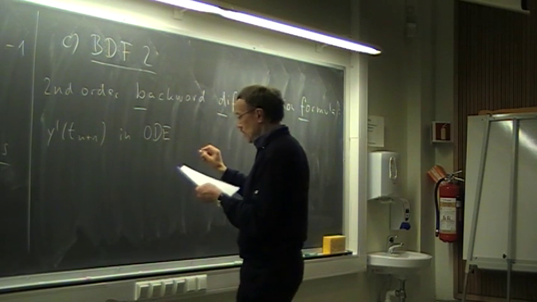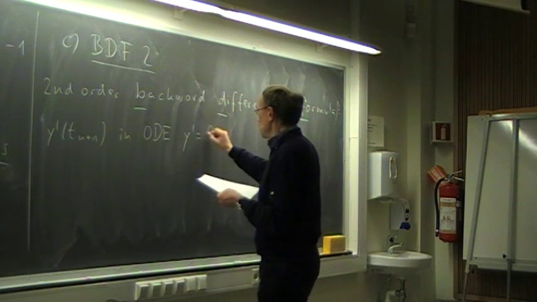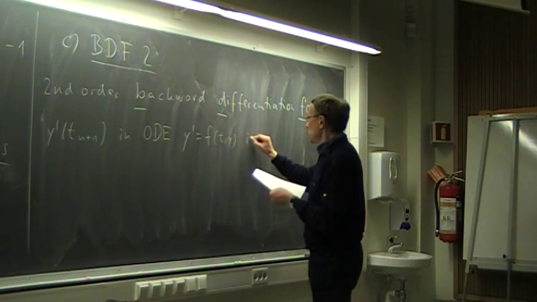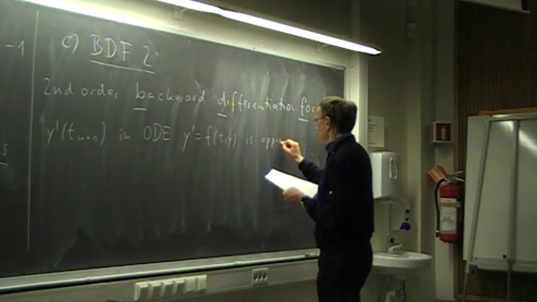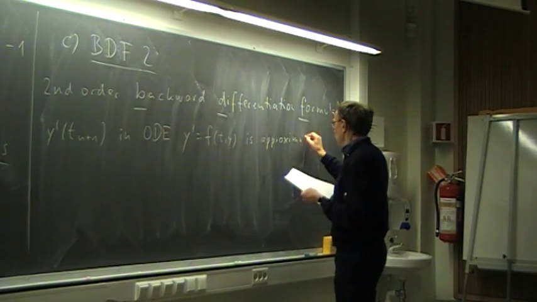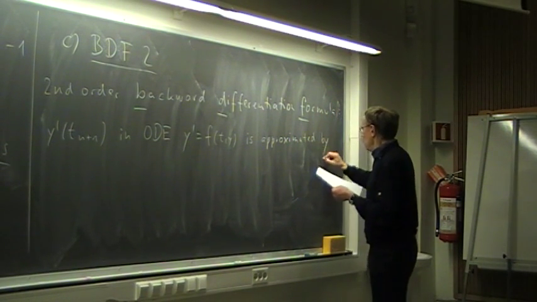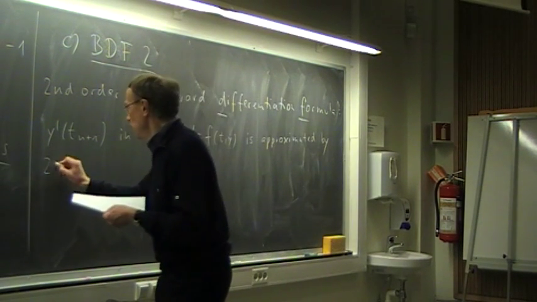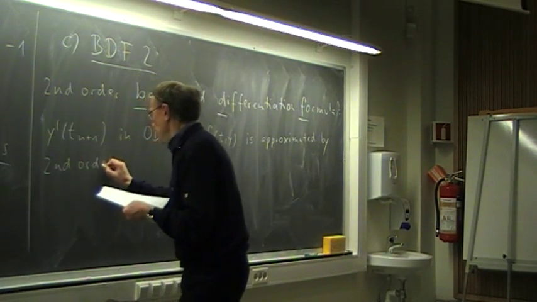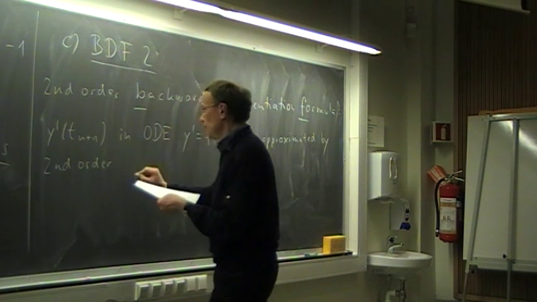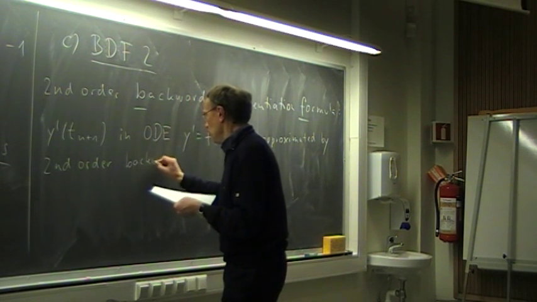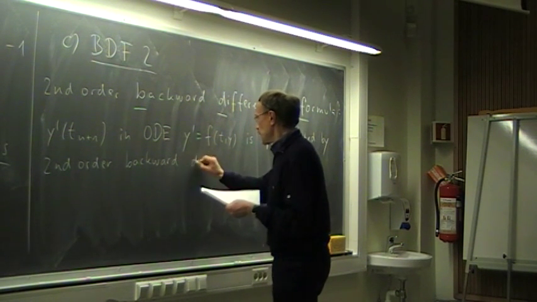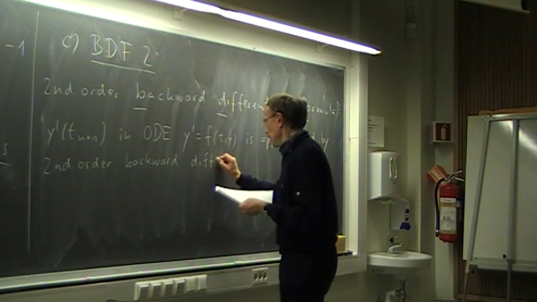when we compute the ODE, y prime equals f of t, y, is approximated by a second order backward differentiation formula. By the backward difference formula.